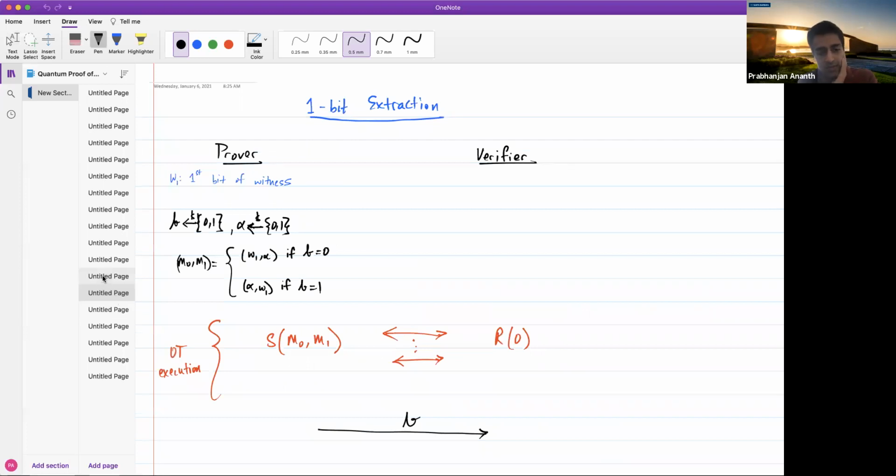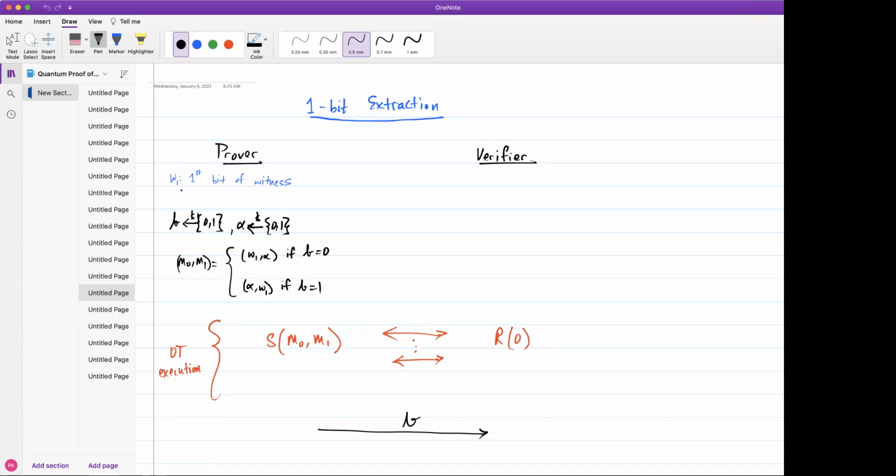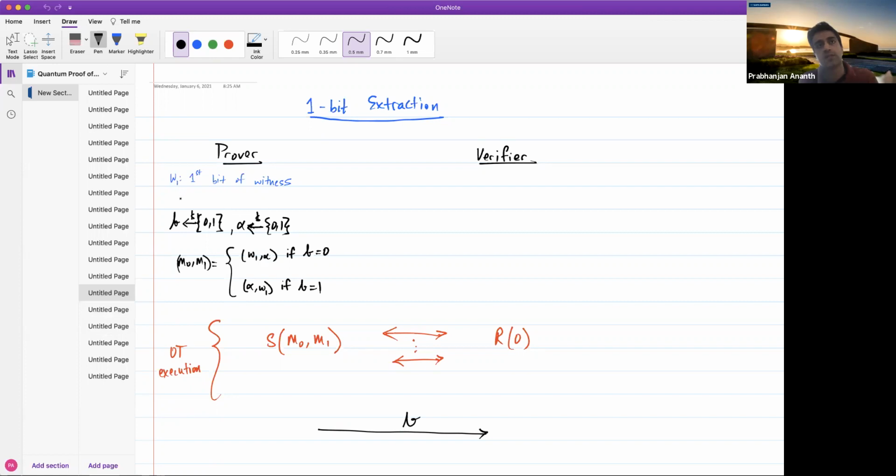Okay, so here is how we are going to do 1-bit extraction using OT. Suppose W1 is the first bit of the witness and the extractor wants to extract W1. So what the prover is going to do is the following. It's going to pick bits B and alpha uniformly at random.